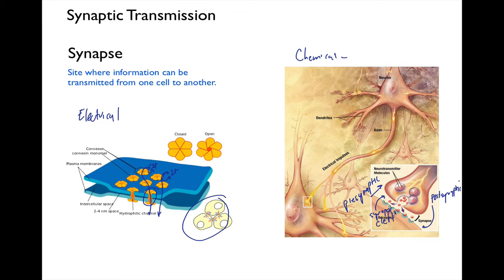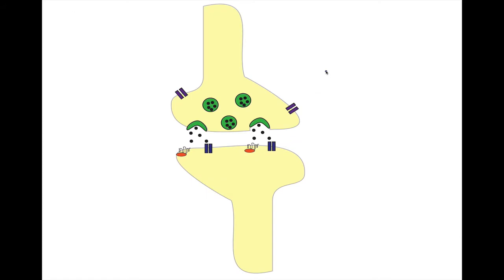Presynaptic means it's before the synapse, postsynaptic means it's after, and then we have this space. Neurotransmitters, which you can see here, are the chemical bridge that allow the presynaptic cell to talk to the postsynaptic cell across this space. Now that we're familiar with the chemical synapse, let's look at how exactly chemical synapses work.